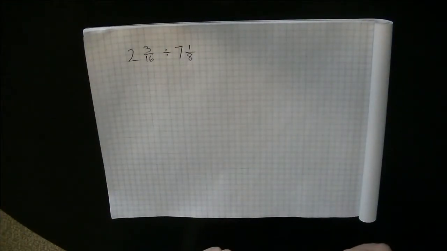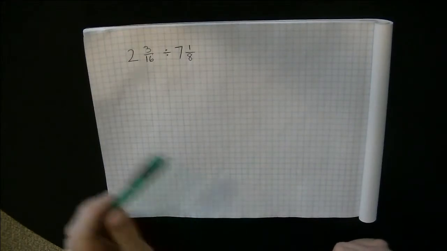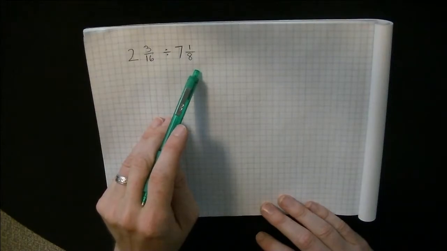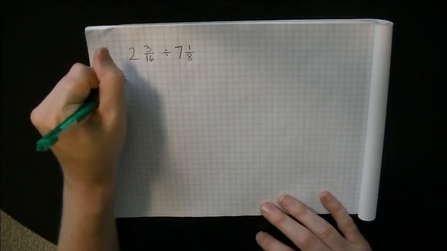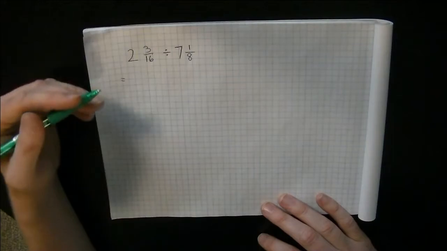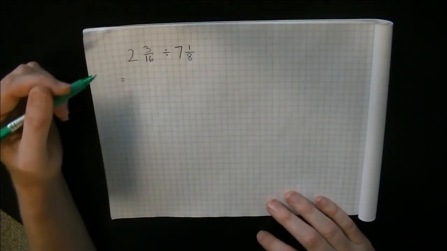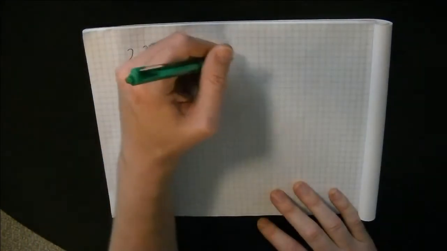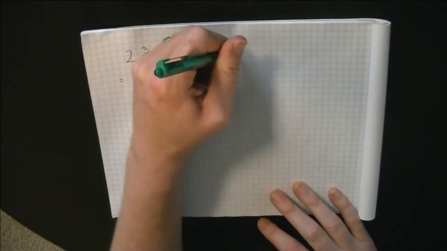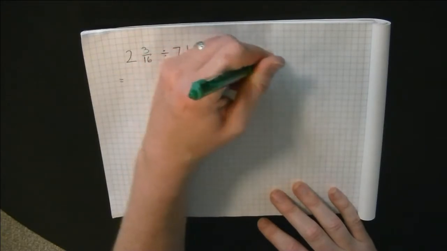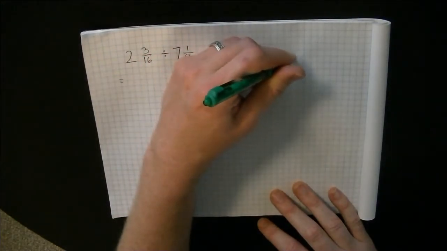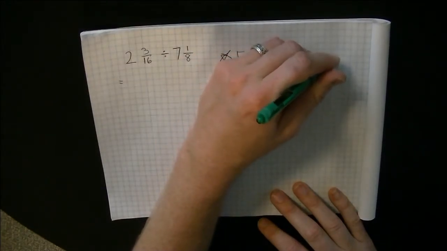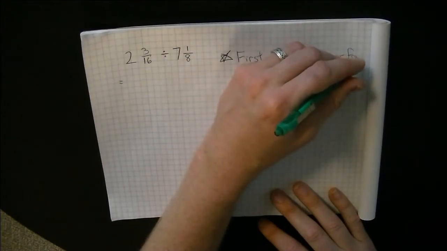Okay, one last division problem. We've got 2 3/16 divided by 7 1/8. Now, like with multiplication, in order to do division with mixed numbers, you first must convert them into improper fractions. So let me write that down. First, convert to improper fractions.